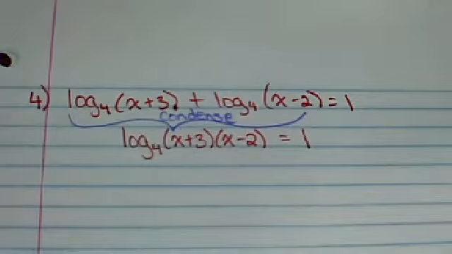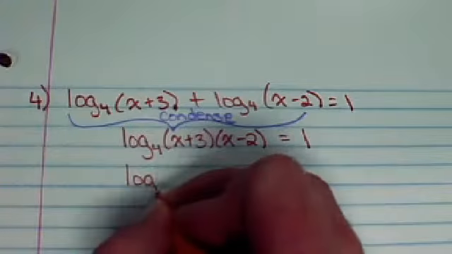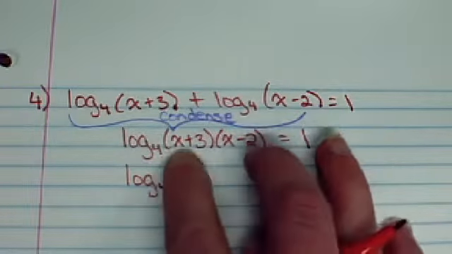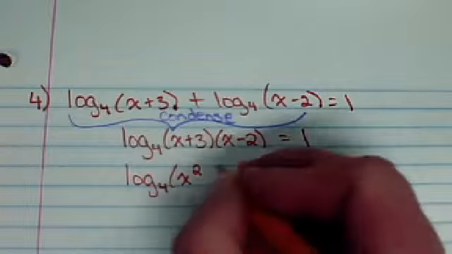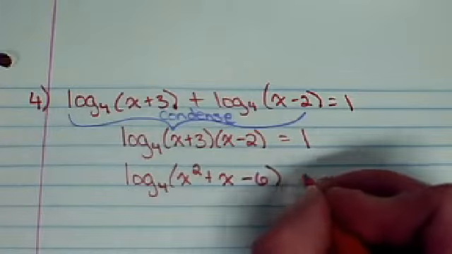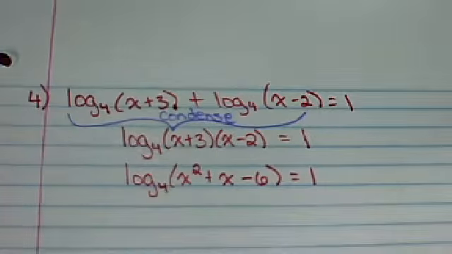So what happens when I multiply those two arguments together? Well, I'm going to distribute. x times x is x squared. I'd have a negative 2x plus 3x, which gives me 1x. And then a negative 6 equals 1.